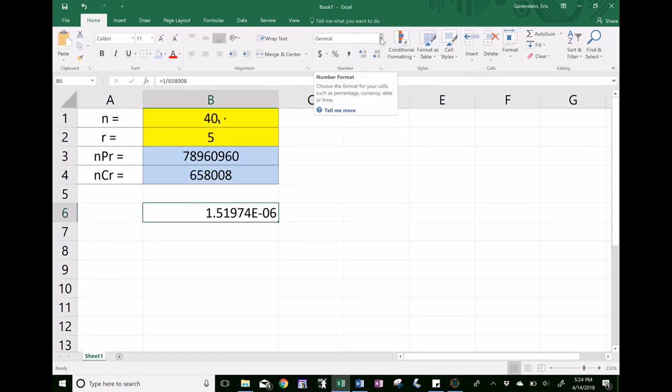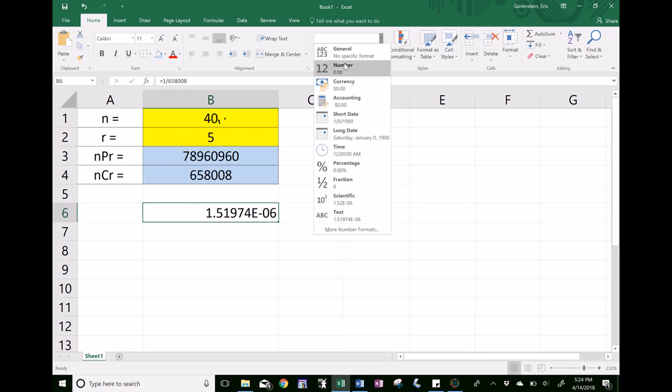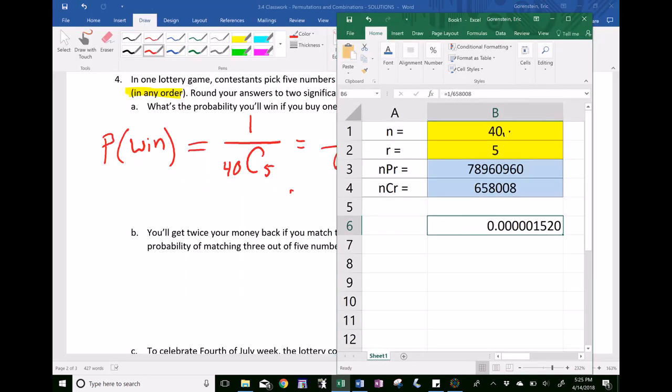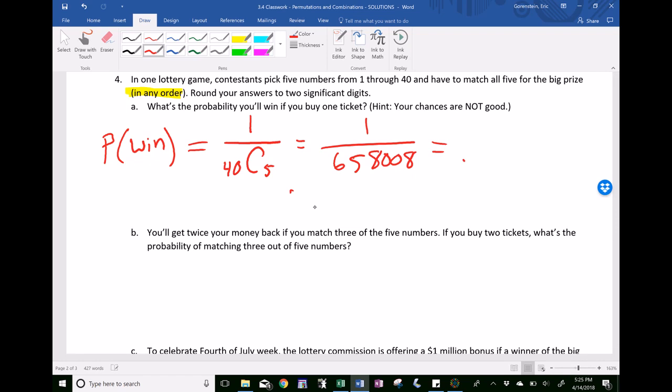This is the format of the display, and we could change that to just a number, and we're going to need some more decimal places. Okay, so 0.0000152. 5 zeros, 1, 5, 2. Very small chance of winning.